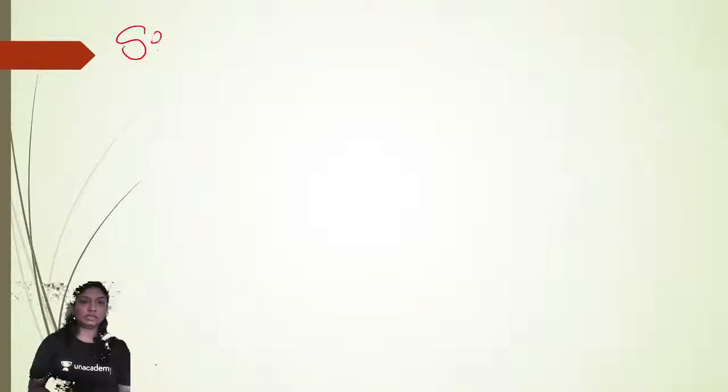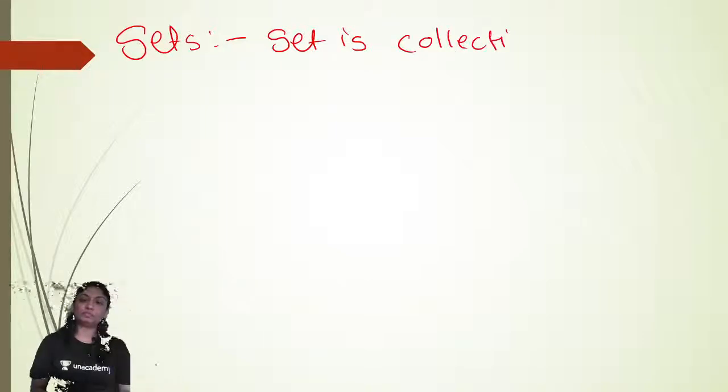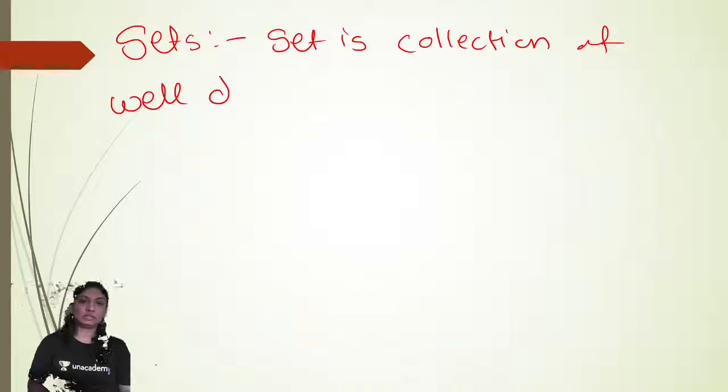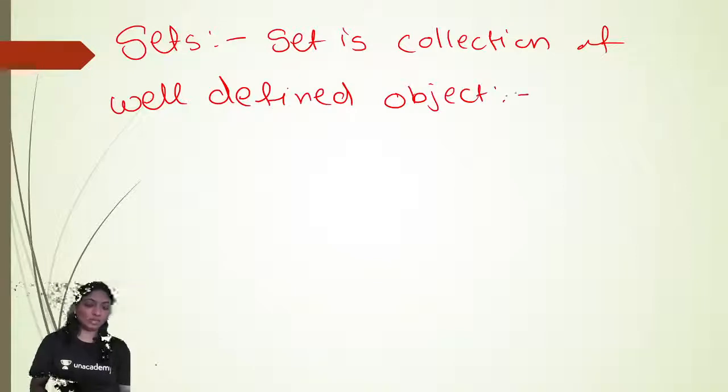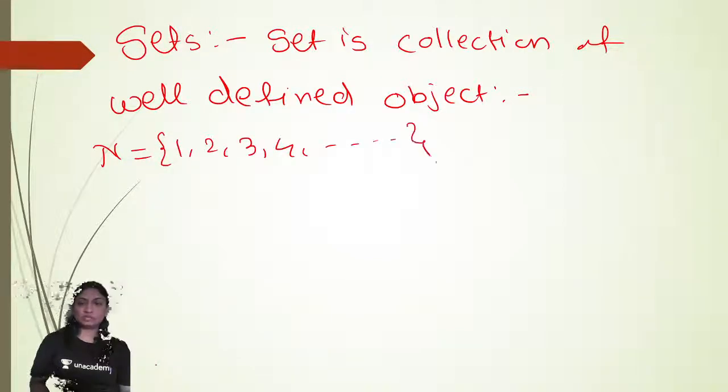Definition of a set: a set is a well-defined collection of objects. For example, the set of natural numbers is a collection of well-defined objects, and so on.